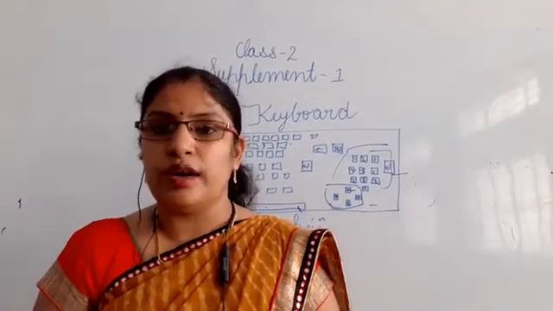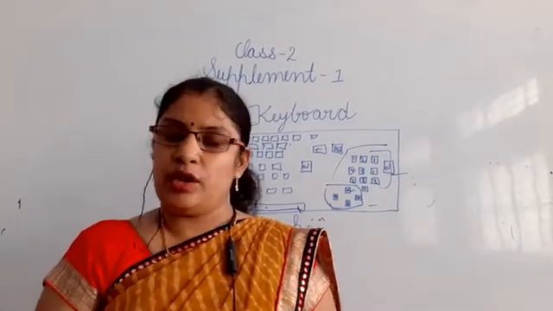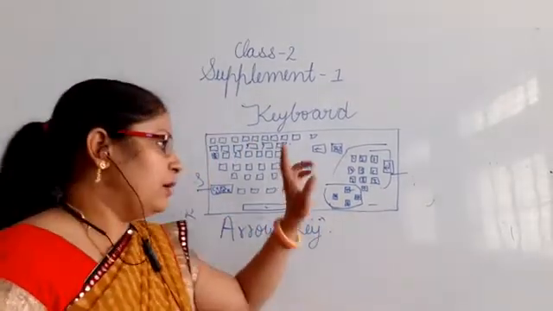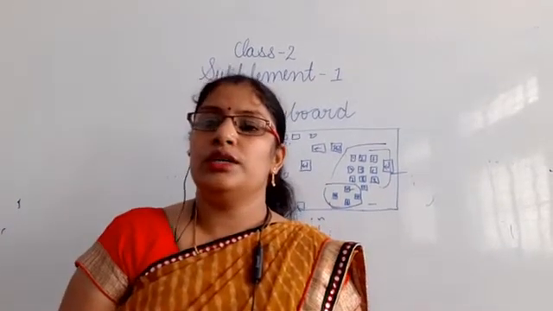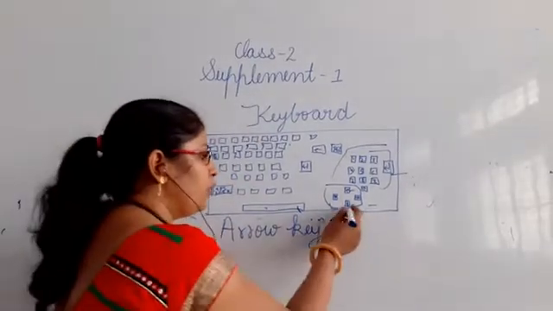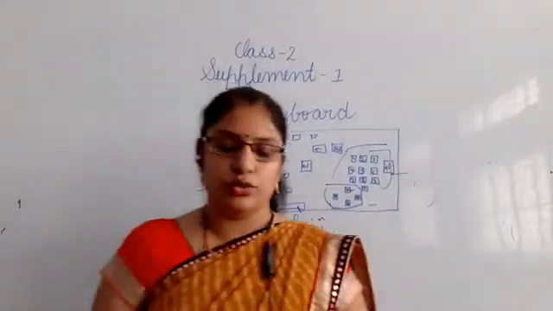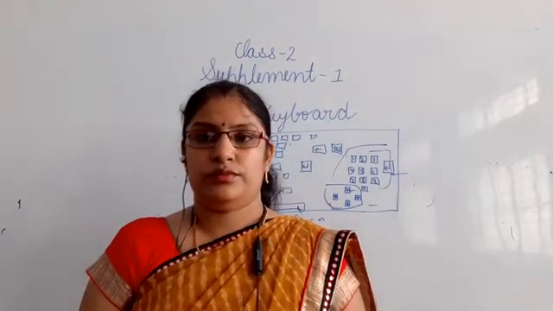What is the use of the up arrow key? The up arrow key is used to move the cursor one line up. Then the down arrow key is used to move the cursor one line down.